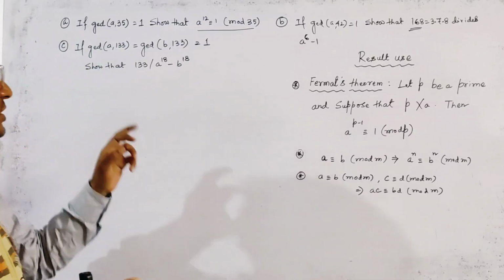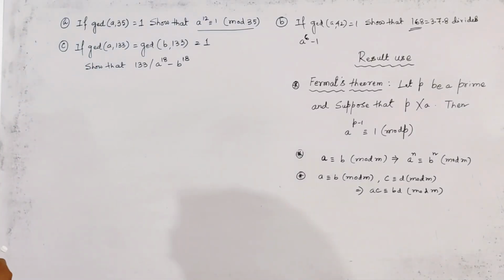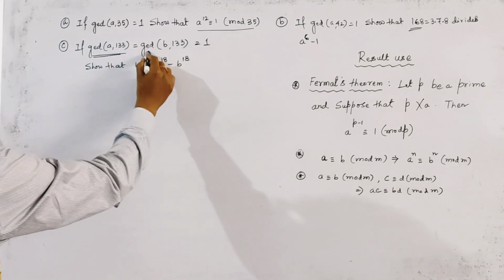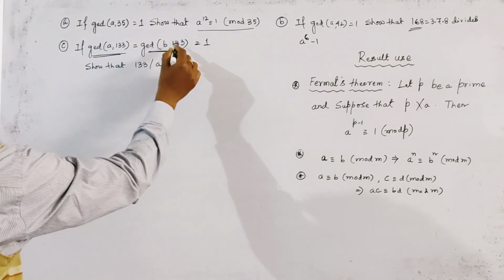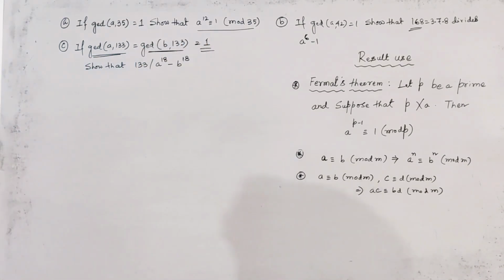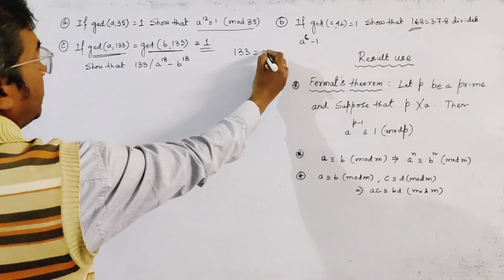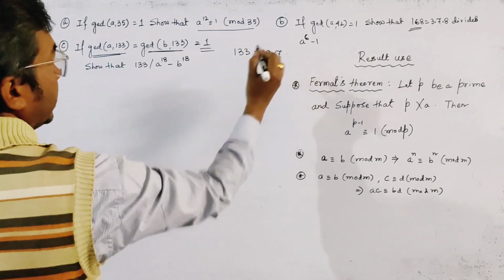For the last part C, it is given that GCD of a, 133 is equal to GCD of b, 133, which is equal to 1. And we know that 133 is given by 19 into 7.